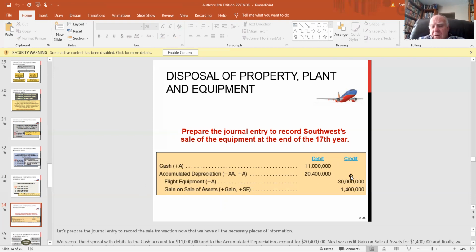You just add the 2 columns up and squeeze to get the gain of $1,400,000. Okay. So on the test, you might get a true or false question. In disposing of a fixed asset, you debit accumulated depreciation. And the answer is yes. Yes, you do. Because you've got to get rid of the accumulated depreciation plus the flight equipment.